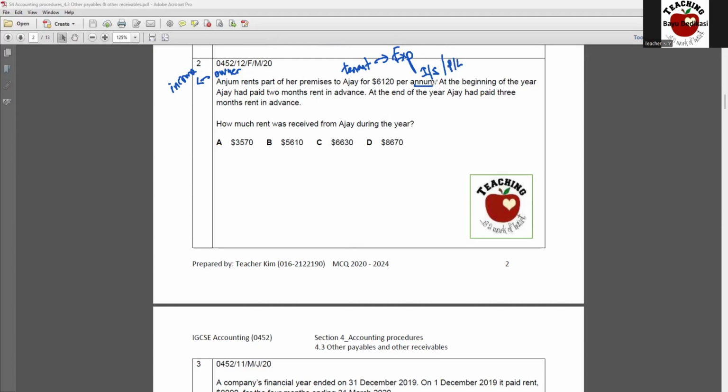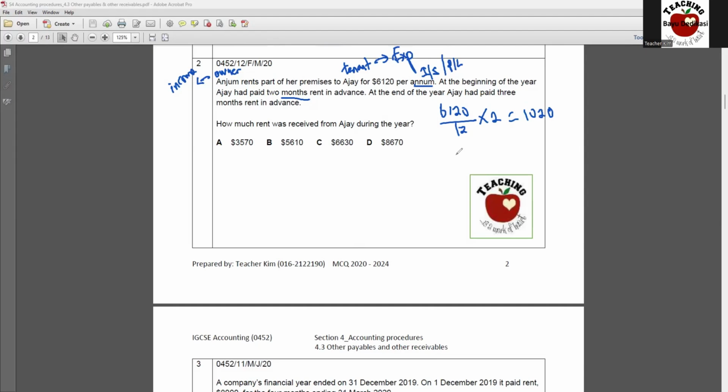At the beginning of the year, Ajay has paid 2 months rent in advance. So you have to take the 6120 divided by 12, times 2. This is the opening balance, which is 1020.